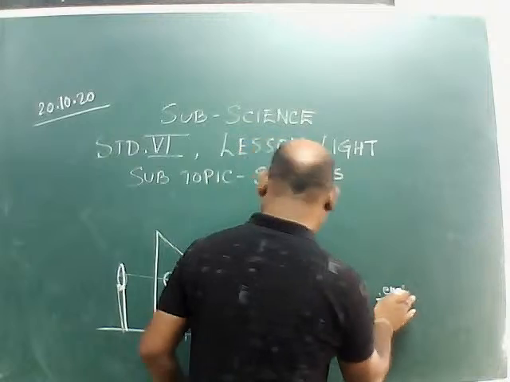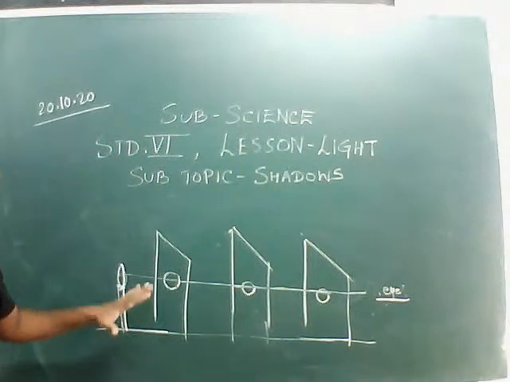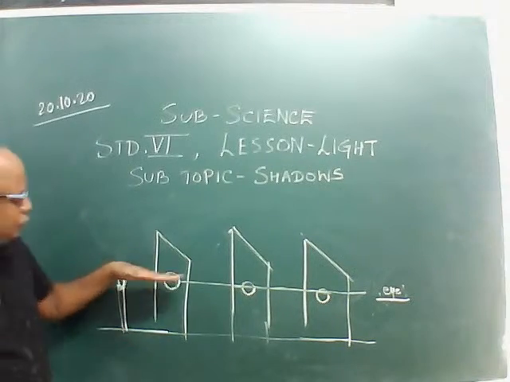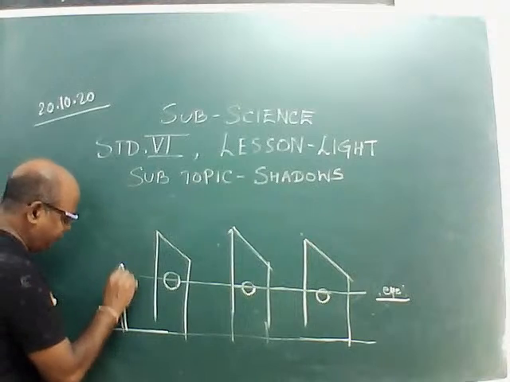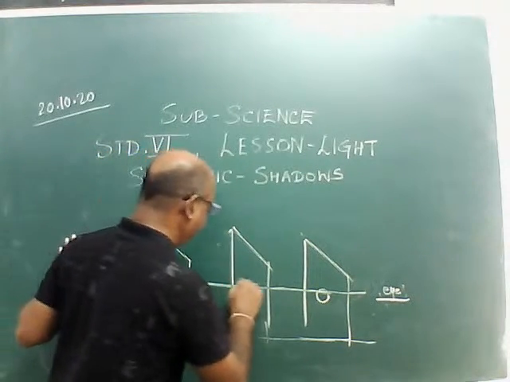But now the centers of these three boards are such that they are in a straight line. So you can see this candle very easily, very properly, because light travels in a straight line.